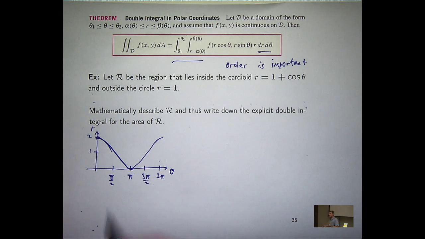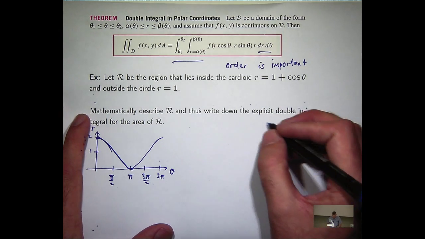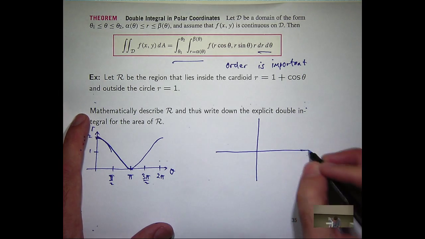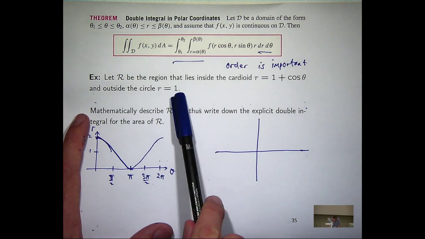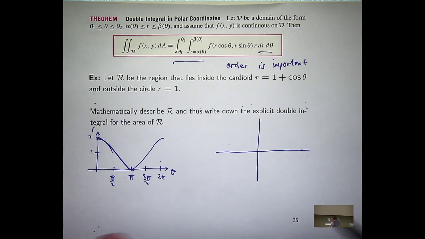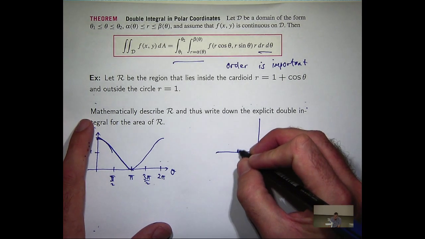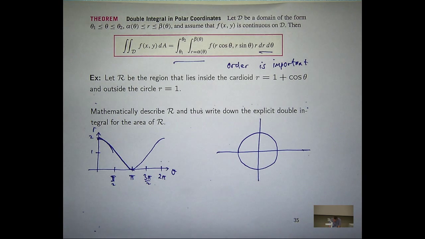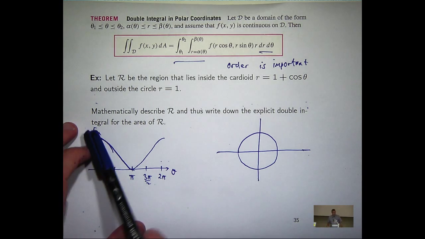Now, what I would like to do is transfer everything into the xy plane. So in the xy plane, let's draw in the circle r equals 1 first. That's probably the easiest. Okay, there it is. And now I need to somehow draw in the curve over here.